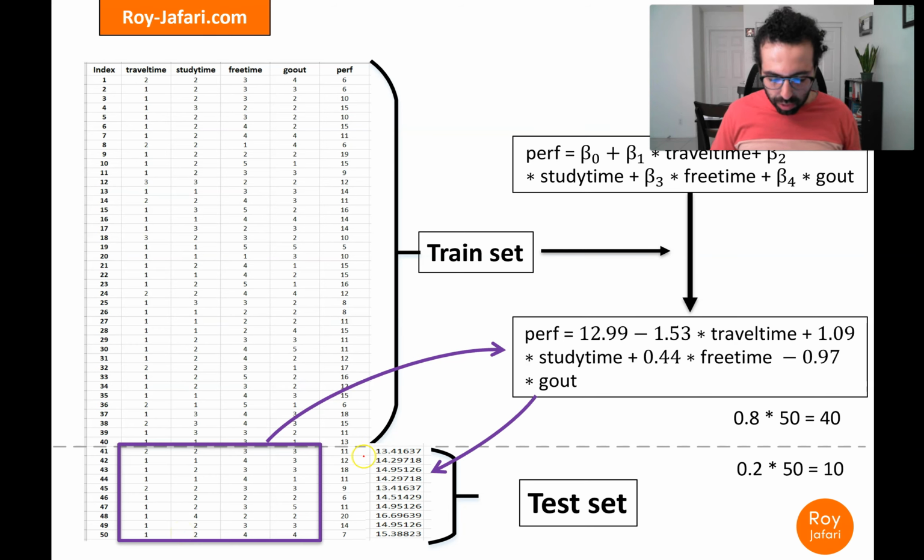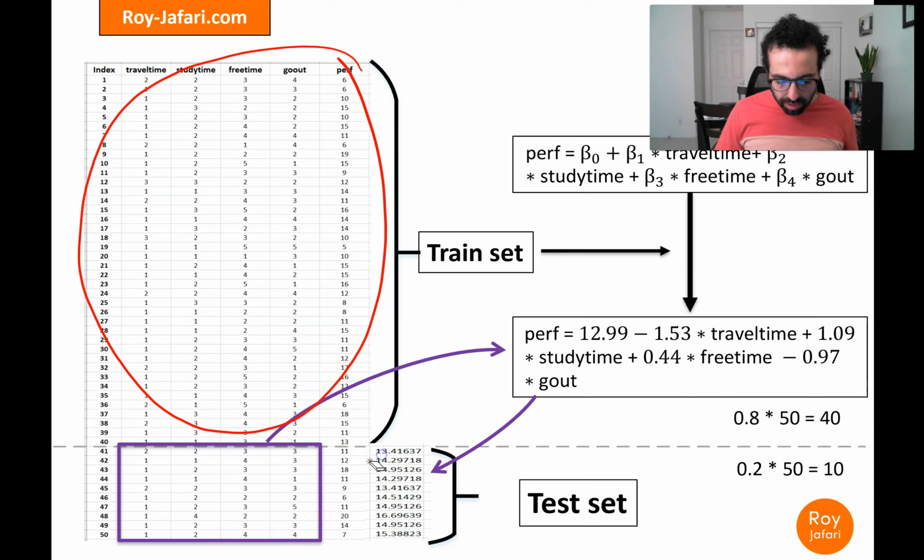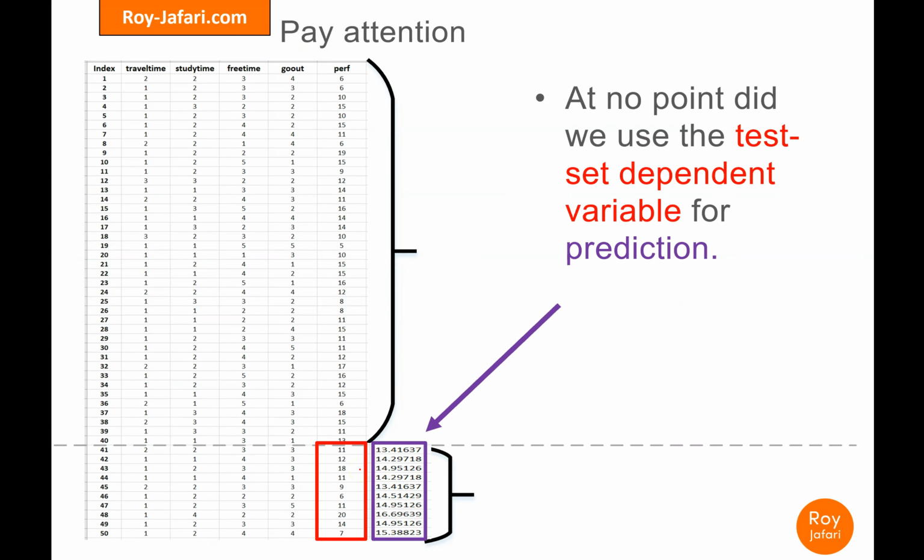Pay attention here, we've never used this data before, and we are going to use what we learned from the train set to predict these values. Therefore, this is a good way to make sure our model is actually making good predictions, right? So that's the holdout mechanism. To emphasize, we did not use this data at any point in our prediction.